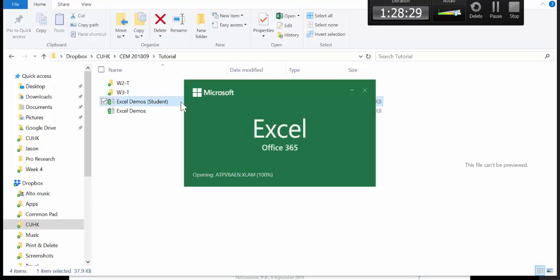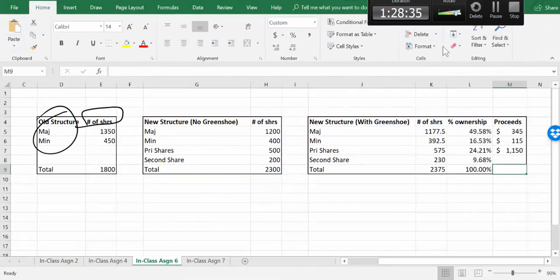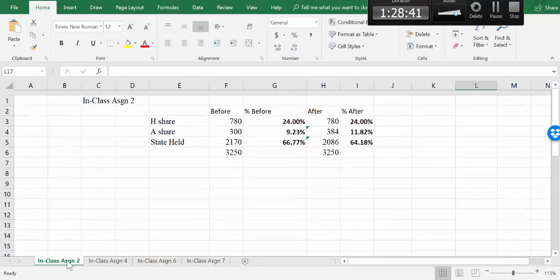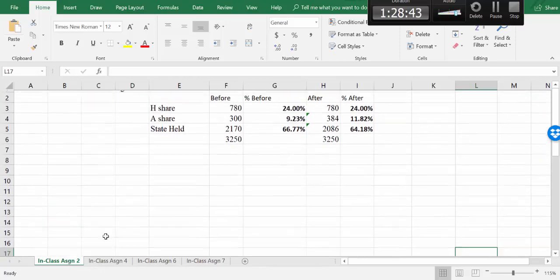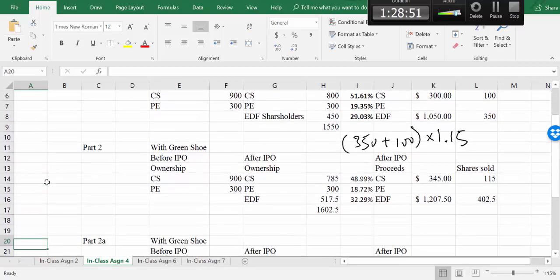Now, this is a reinterpretation of the solutions that were provided to you by Paul McGuinness. And I've got in-class assignment 2, and then in-class assignment 4, part 1, and then part 2 was the one that we were going over just now. Now, these numbers, some of them have formulas behind them.